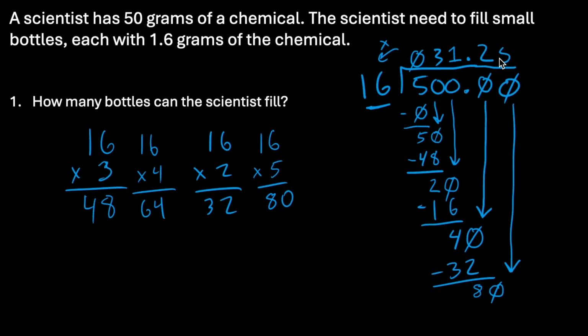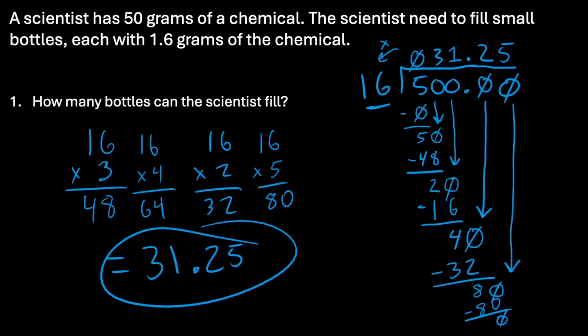So we can just write 5 up here. 5 times 16 is 80, and that cancels out. So the scientists can fill 31.25 bottles, or in other words, 31 bottles. Cool.